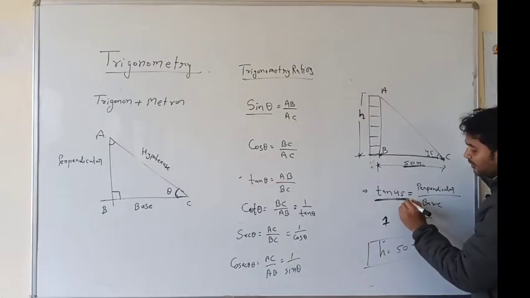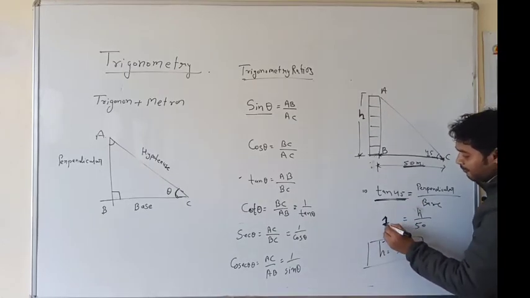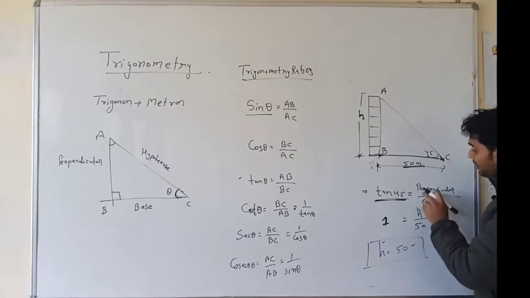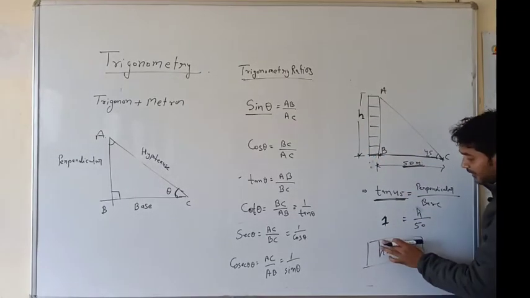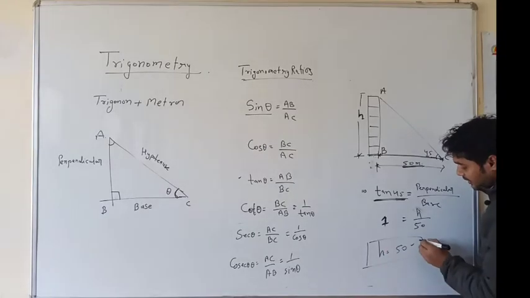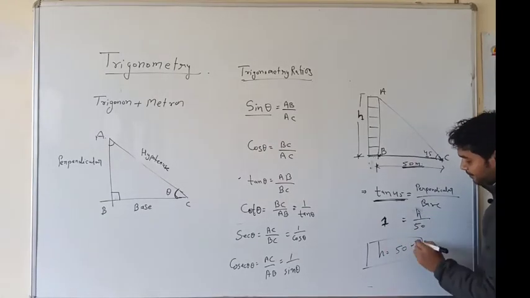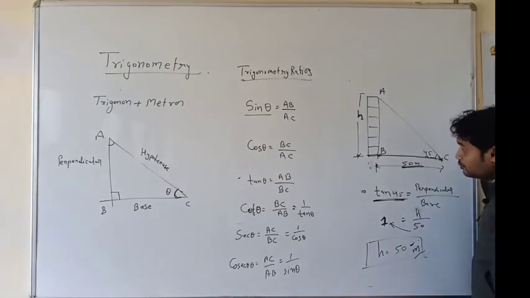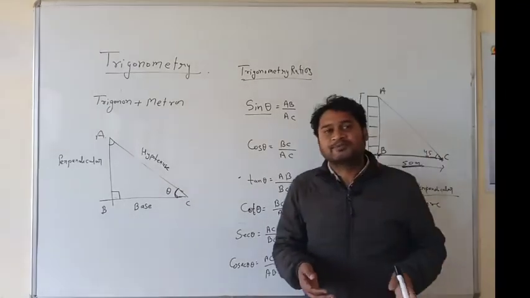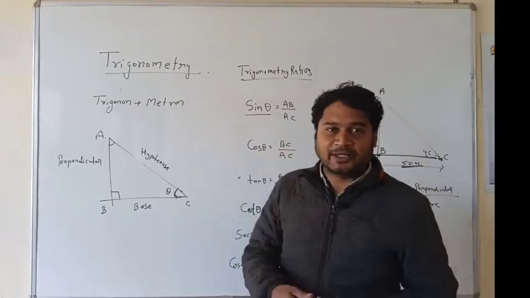So tan 45's value will be 1, the perpendicular is h and the base is 50 meters. Here we can solve this, and we can say the value of h will be 50 meters. So these types of problems can be solved by means of trigonometry.